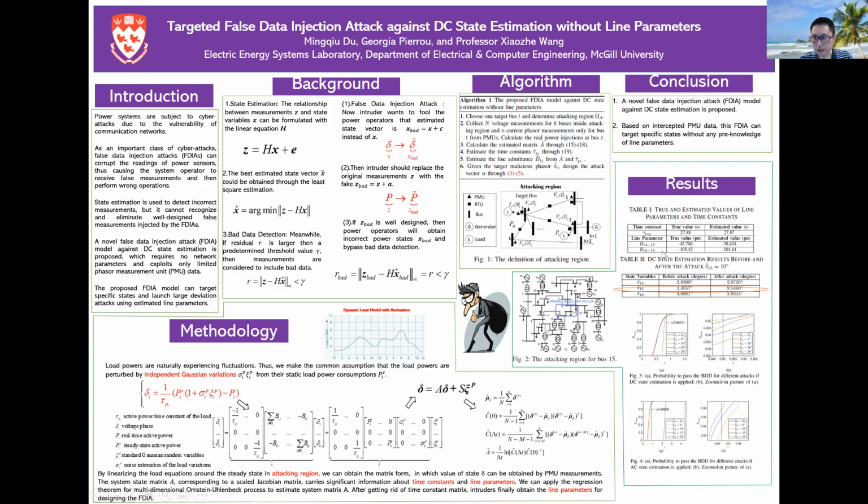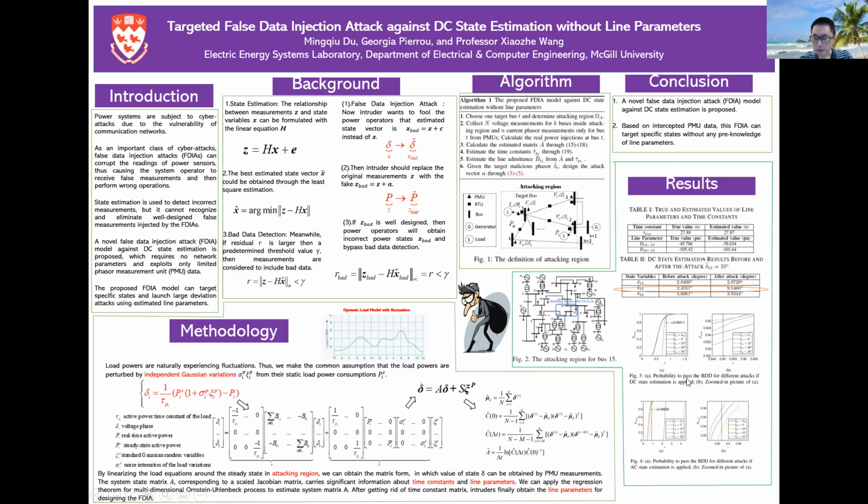Then after launching the full state injection attack, you can see that the angle of bus 15 changes from 2.4 to 9.5, which means our full state injection attack succeeds.